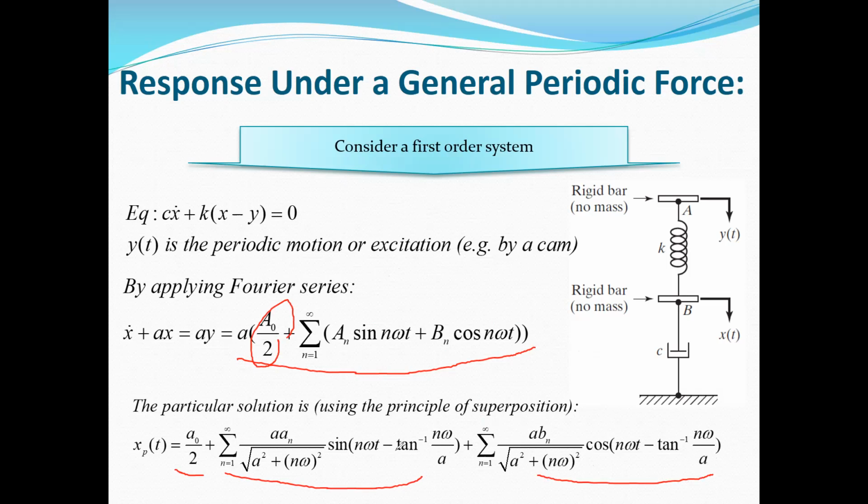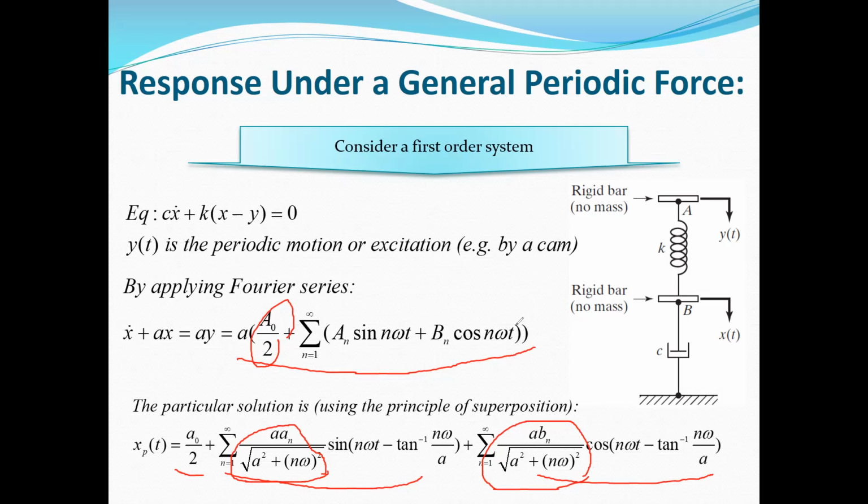As you can see, we have the coefficient of sine harmonics as a function of n and omega, and also the coefficient of cosine harmonics as a function of n and omega again. So you can find the particular response by using this Fourier series, and this is a system with order 1.